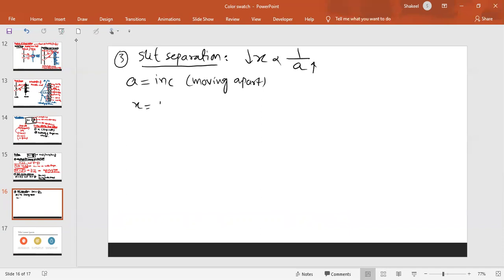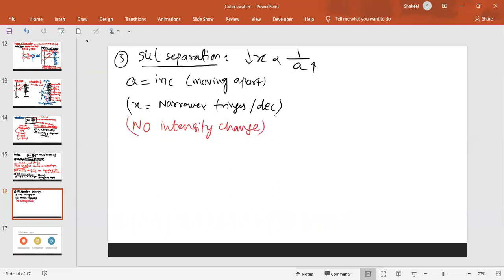So we will say narrower fringes, like the fringe width decreases, right? And it will have no impact on intensity because there is no relation of a with intensity. So no intensity change for fringes.